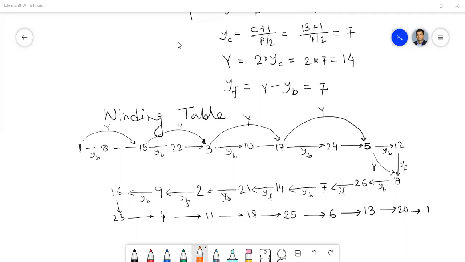Sir, regarding this assignment, what is the last date of submission? The last date of submission is the next class, so before the next class. Suppose if I take the next class next Tuesday, then you have to submit by Monday.